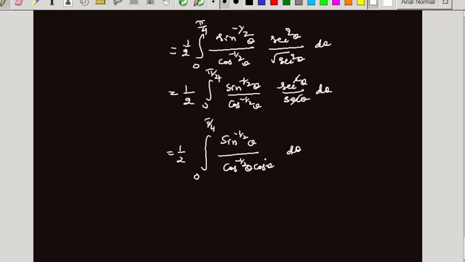So here power 1 is there. If we simplify this one, we can write it as 0 to pi by 4, 1 by sin power 1 by 2 theta, and this is nothing but cos power 1 by 2 theta into d theta. So here we modify this one.